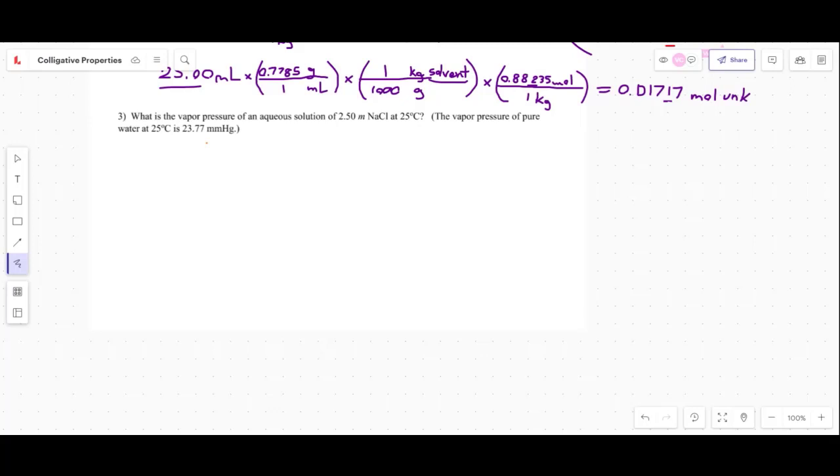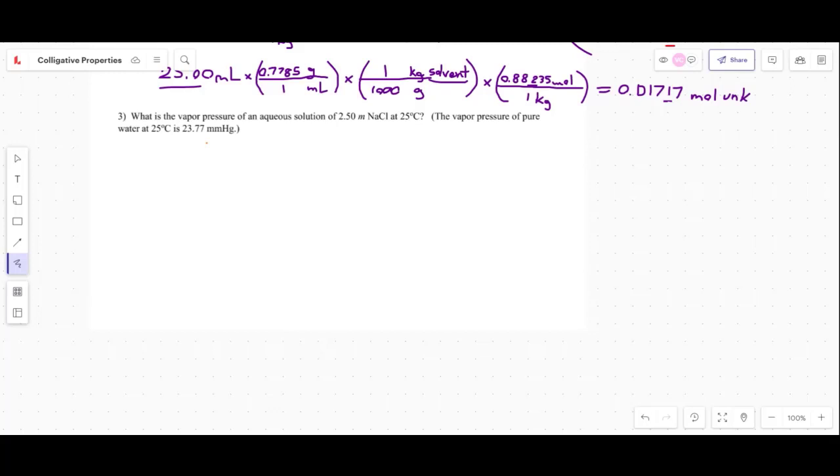Qualitatively speaking, before we start attacking it numerically, if the vapor pressure of water at standard condition is 23.77 millimeters mercury, what would you expect to be the final vapor pressure when we have an electrolyte swimming in water?